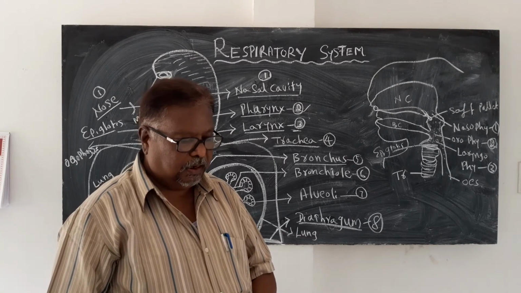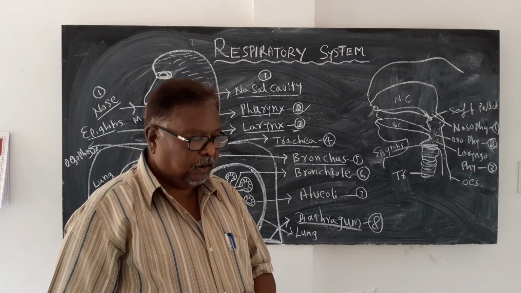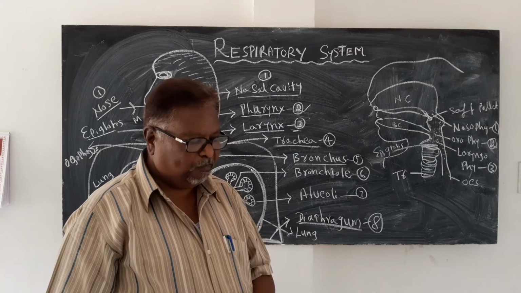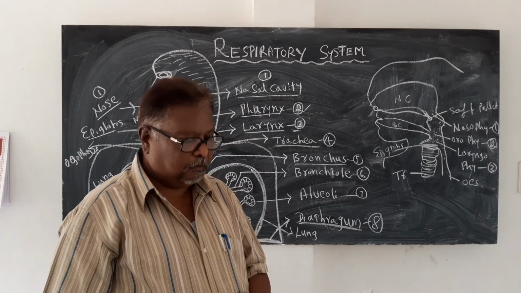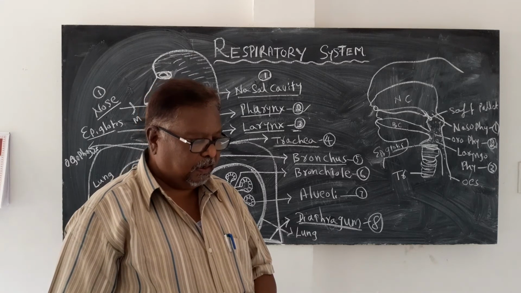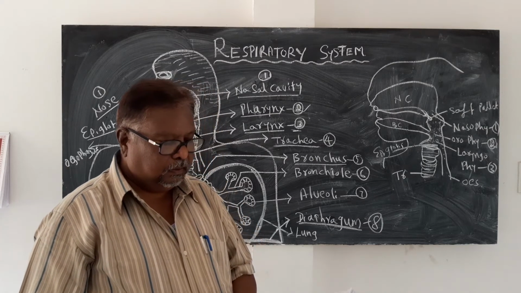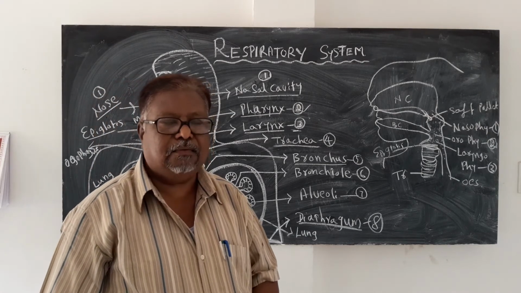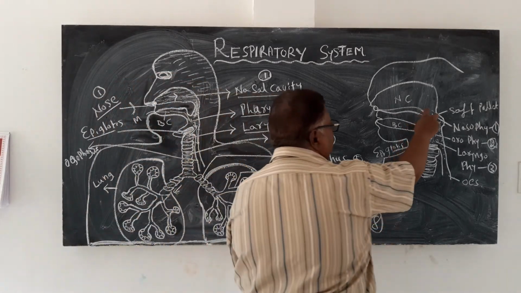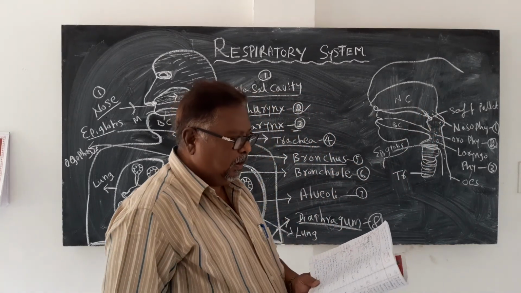The first one is nasopharynx. The second one is oropharynx. The third one is laryngopharynx. Now coming to the nasopharynx, this part is situated behind the nasal cavity.